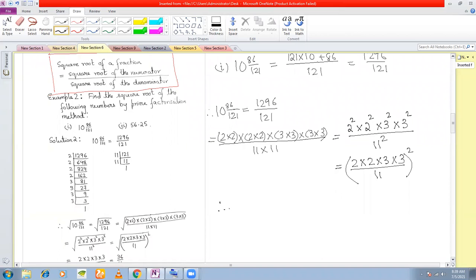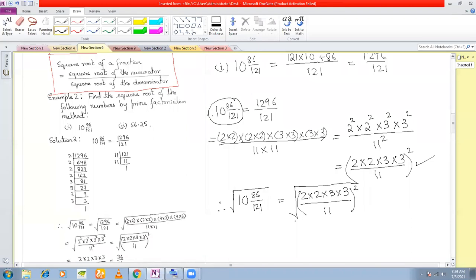Therefore, this mixed fraction is equal to this square number, right? So what should be the square root of this? The square root of 10 and 86 by 121 must be equal to the square root of 2 into 2 into 3 into 3 divided by 11 square.